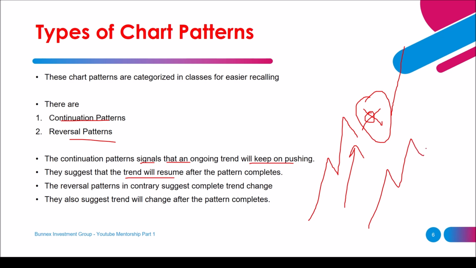For instance, we are in an upward trend and the pattern is issued at this point. It's a signal to see a complete trend change. Therefore, if you know which patterns to look for in any particular context, you would prepare yourself to get involved in the market. They also suggest that the trend will change after the pattern completes.